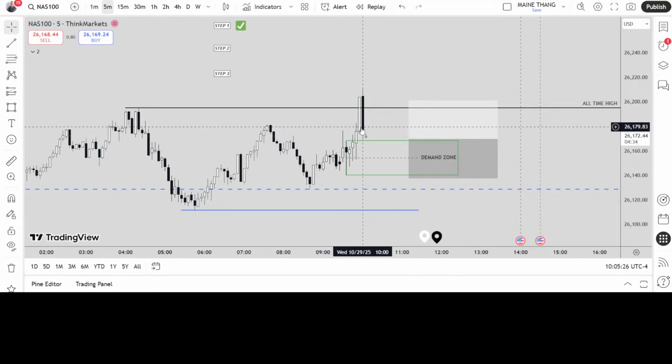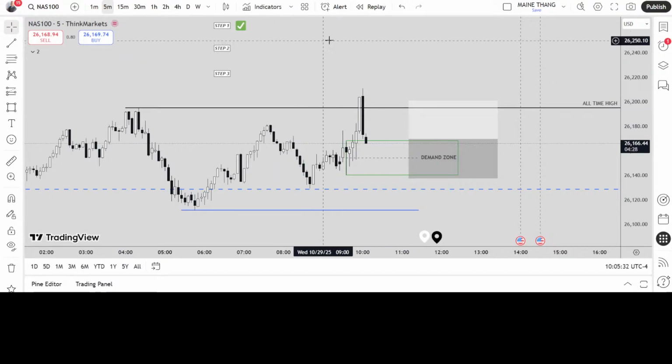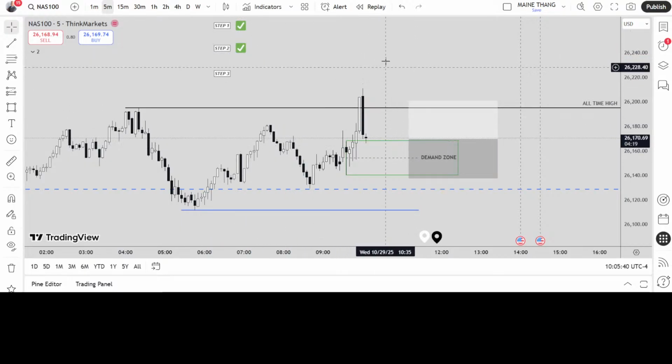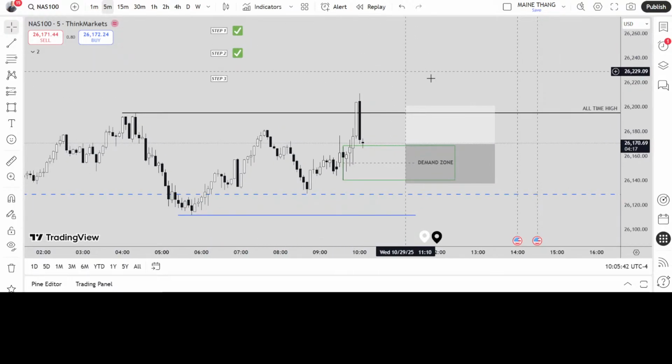I don't like to see this pattern with 2 large candles. Step 2, tapped our zone.